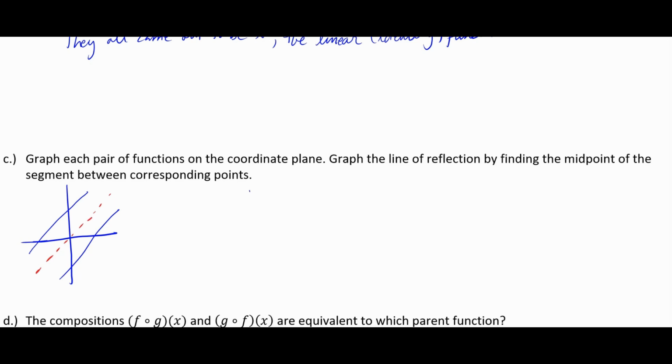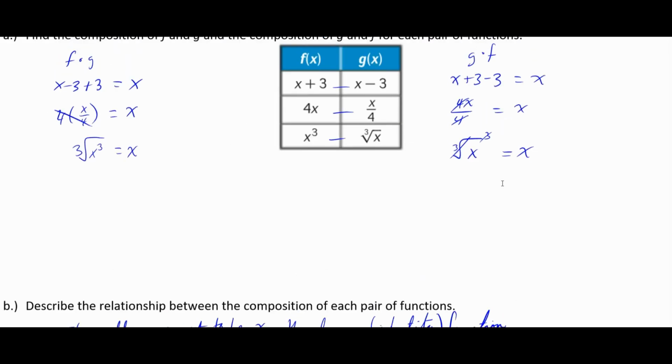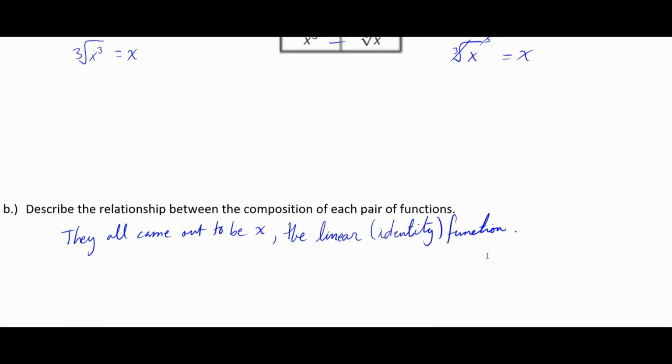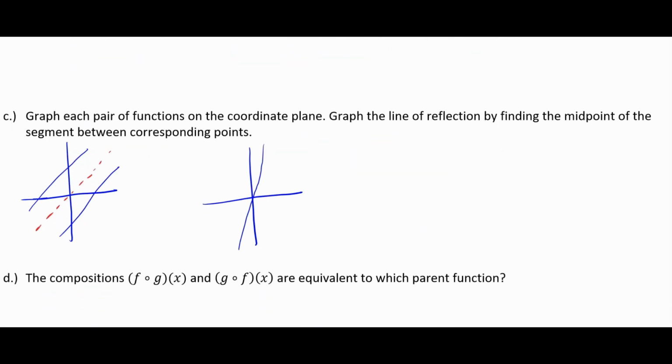In our second graph, let's see what we have. We have 4x, so it's going to be here, 4x, and then we have x over 4. So there. Pretty close. And then the line of reflection is going to be going straight through the middle. Again, the line y equal to x.